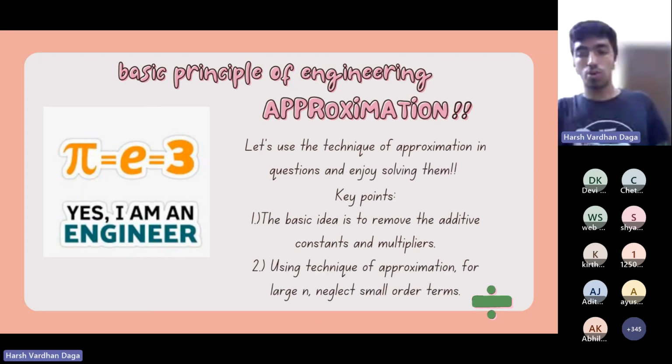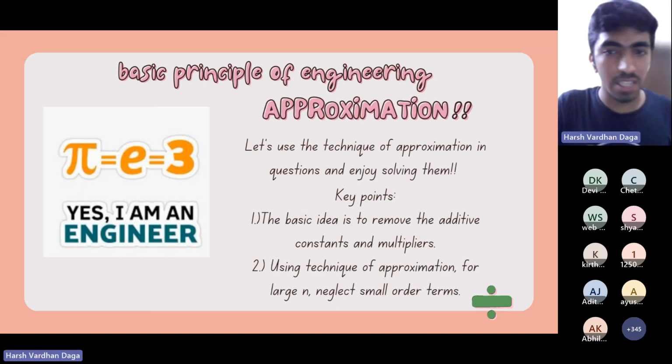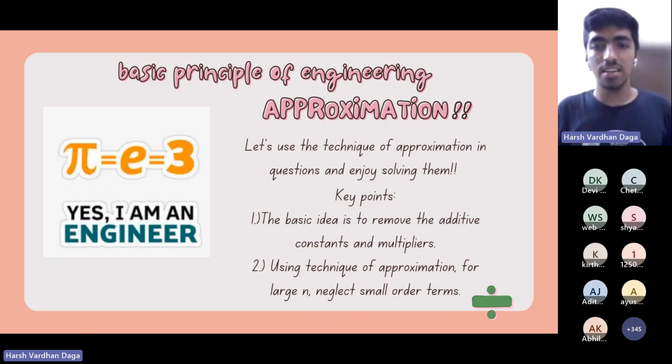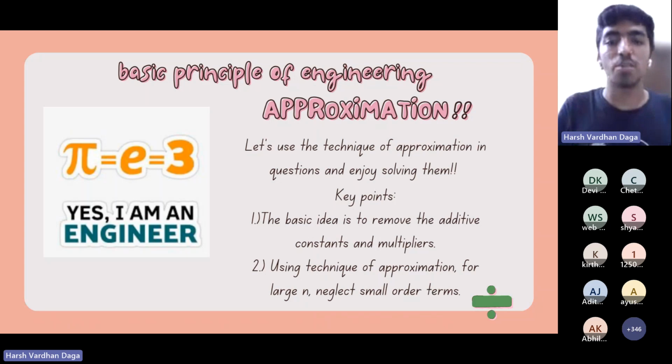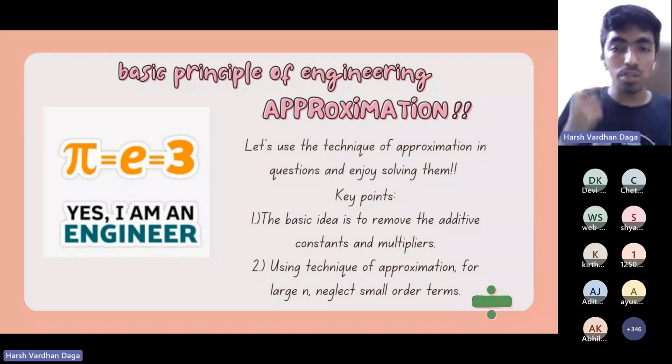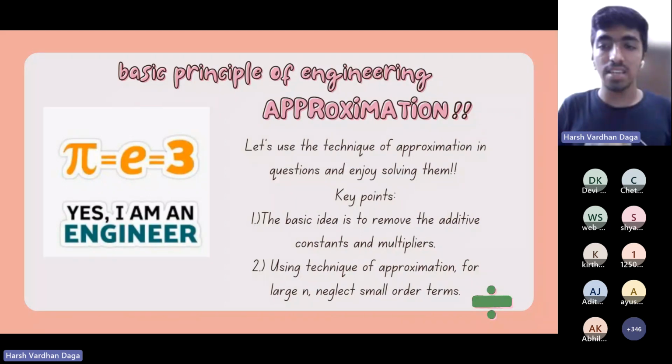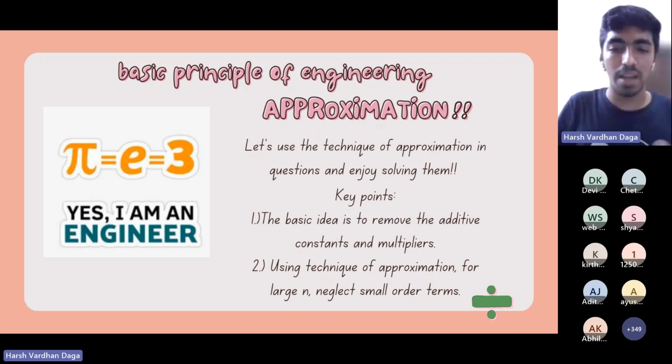Yeah. So this is the key slide for which I was waiting. Welcome all the engineers. We are here to teach you the basic principle of engineering, that is approximation. Now, you need to use the technique of approximation in questions and enjoy solving them. You have to keep two things in mind. First, remove additive constants and constant multipliers.